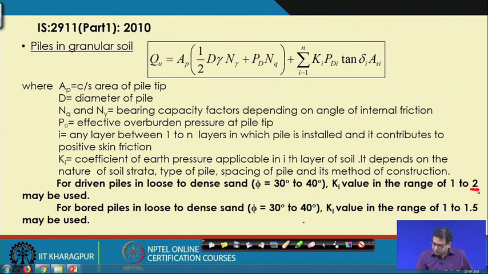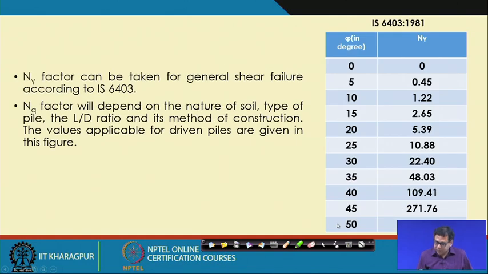So, I will take the k value as 2, as recommended by the IS code. For N gamma, because in the IS code we have to consider the N gamma corresponding to 40, it is 109.41.